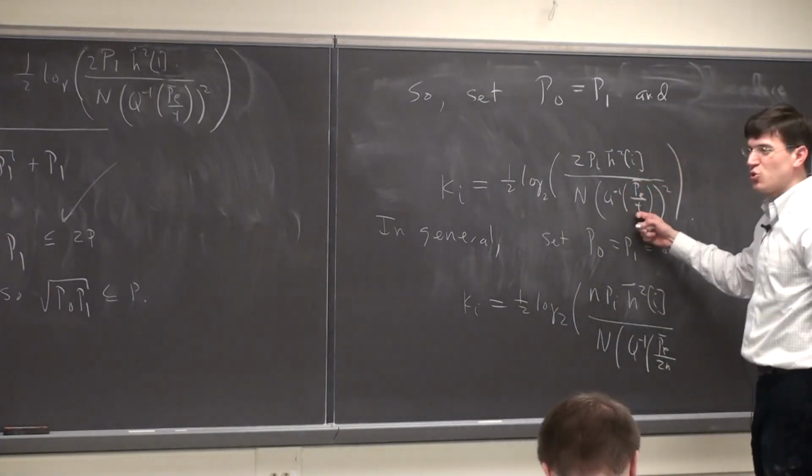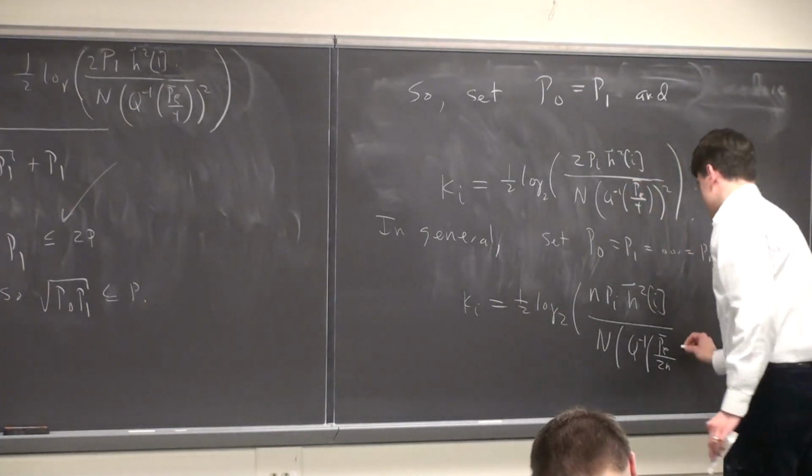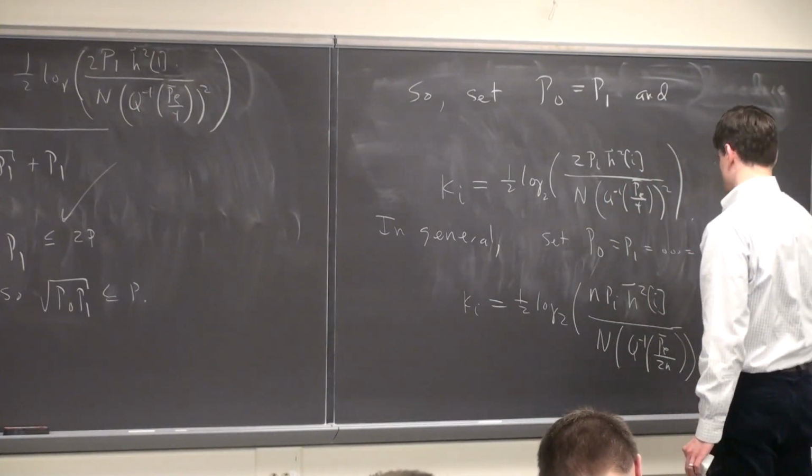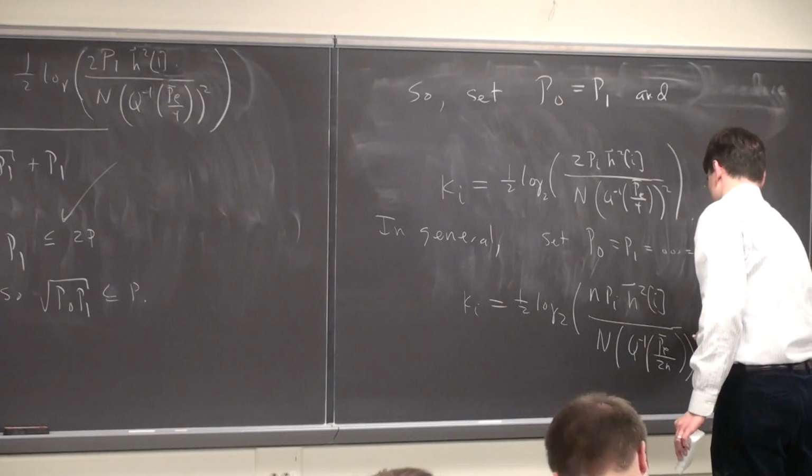So there are two 2's here. One of them was because n was 2, the other one was not. And that's squared.